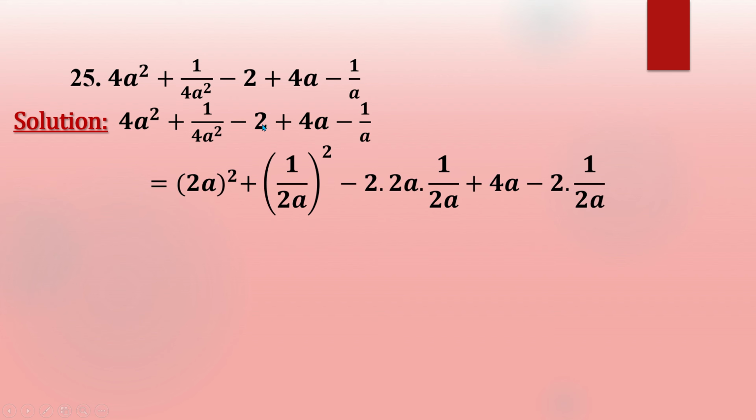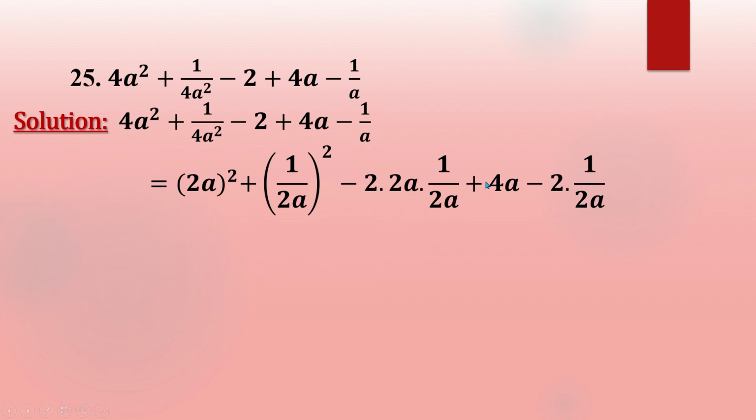As here there is only minus 2, we can take minus 2 into a into b, a means 2a, b means 1 by 2a. 2a cut will get minus 2, no problem. As a result, here it makes the formula a square plus b square minus 2ab, or we can also write a square minus 2ab plus b square.